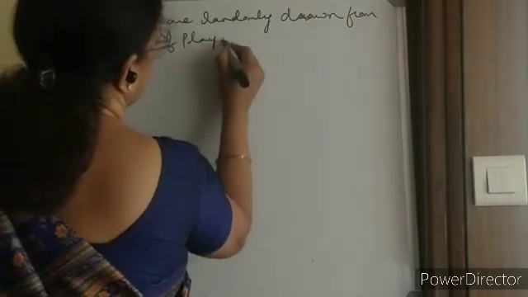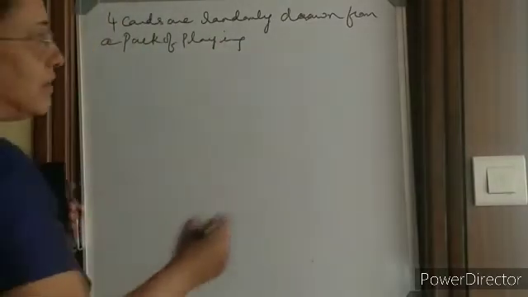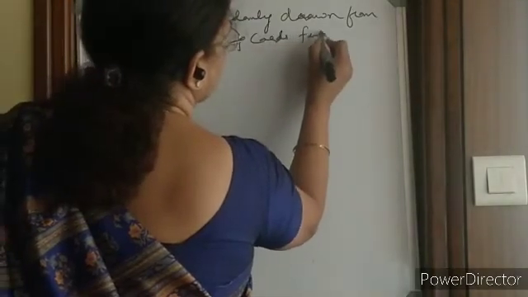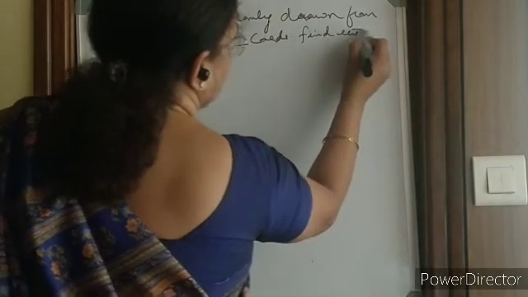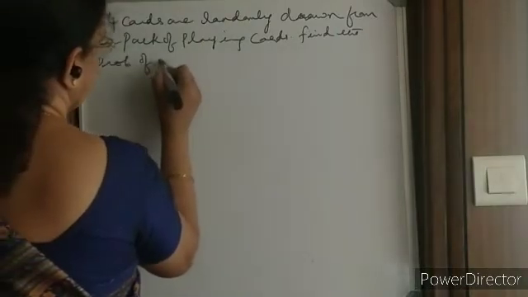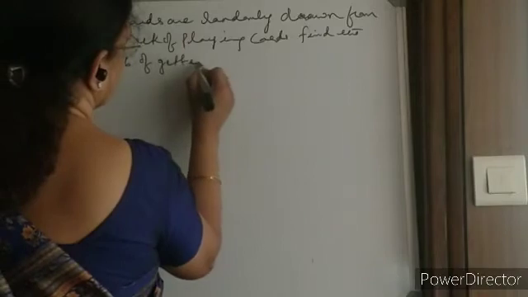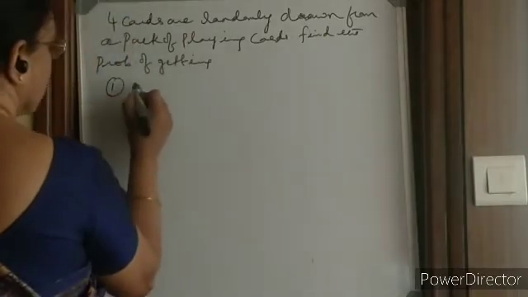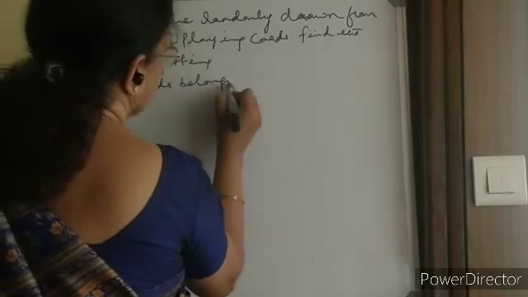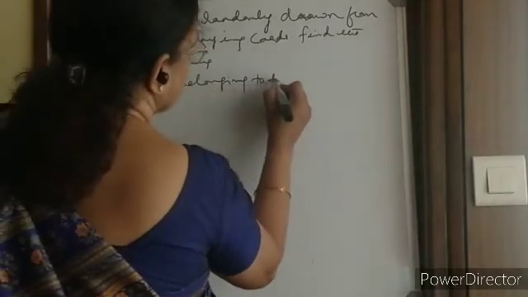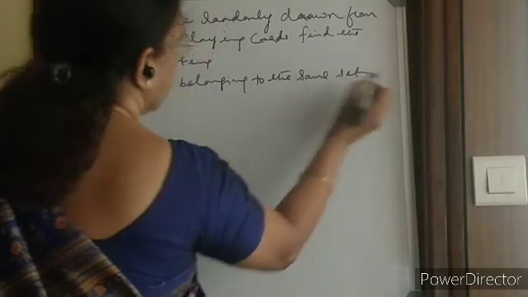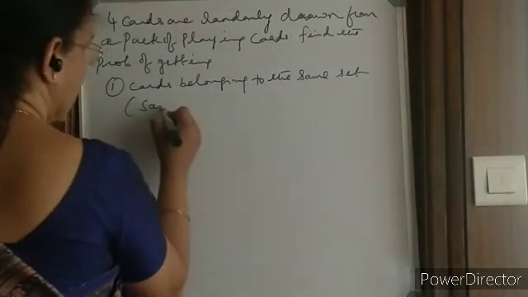So normally we say pack of playing cards. So find the probability of getting, first one, cards belonging to the same set, or you can say same set of cards.